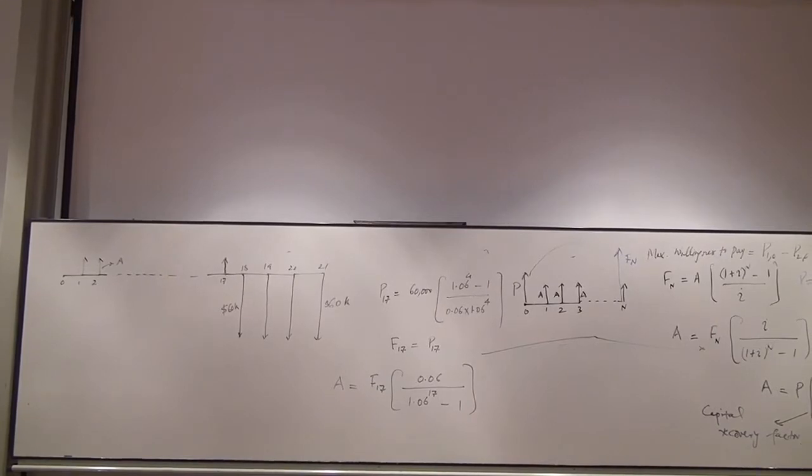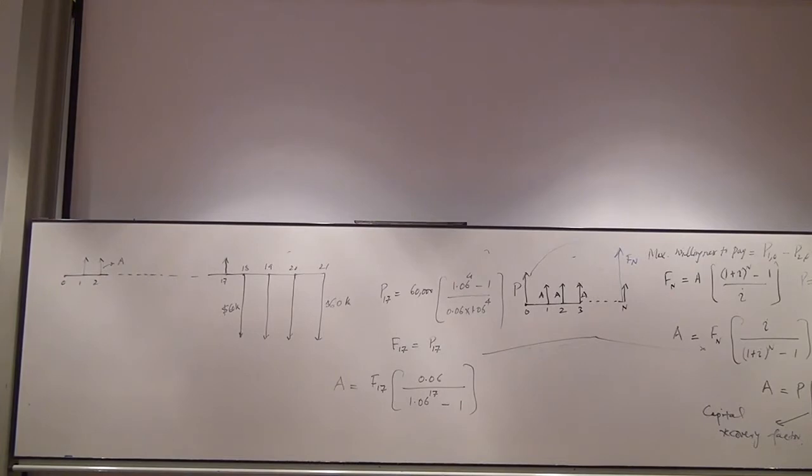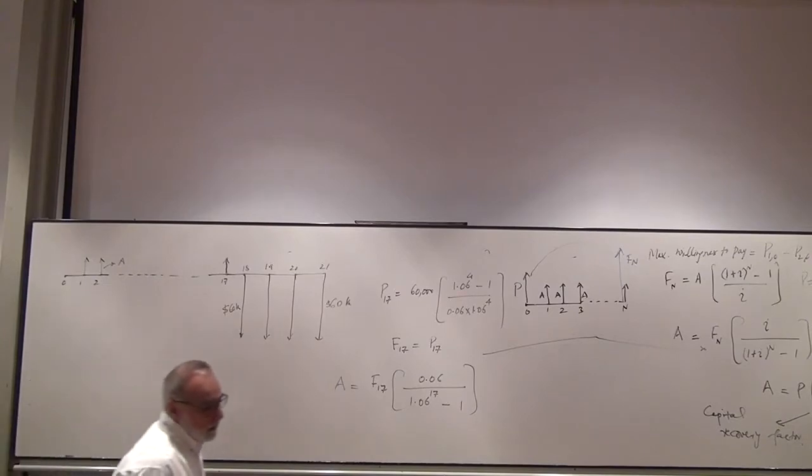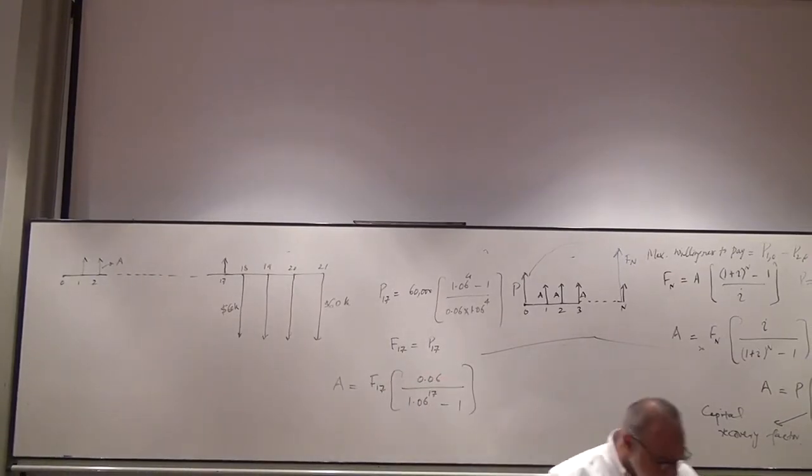Clear? Doctor, I think the assumption is that on 18, 19, 20, 21, there are no more contributions. No more contributions, that's right. It is not an assumption, but it is given as part of the problem.